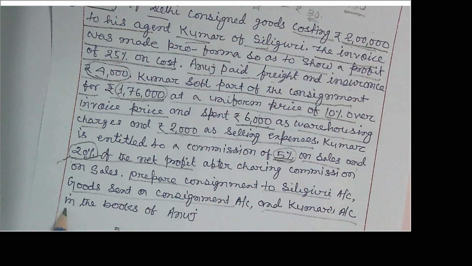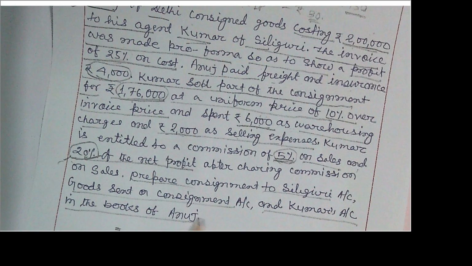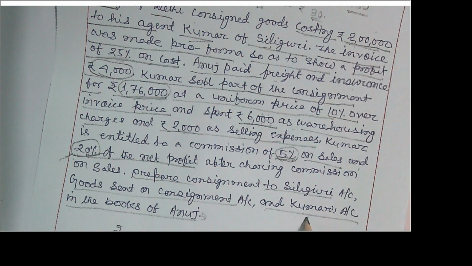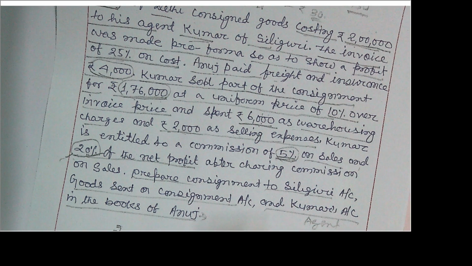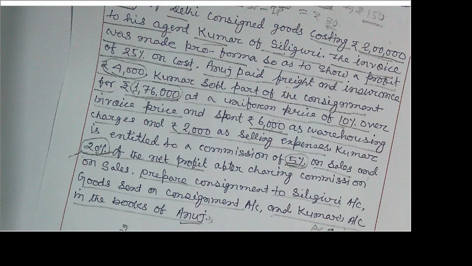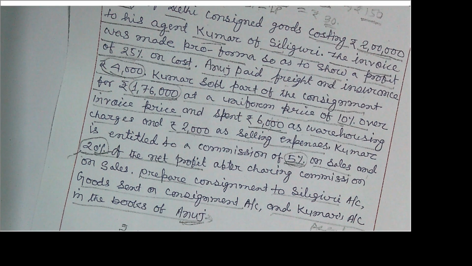So all of you have understood that Anuj is the consignor and Kumar is the consignee agent. Kumar is the agent selling goods on behalf of Anuj, and all sale proceeds received by the consignee will be remitted to Anuj, and for this Kumar gets commission.